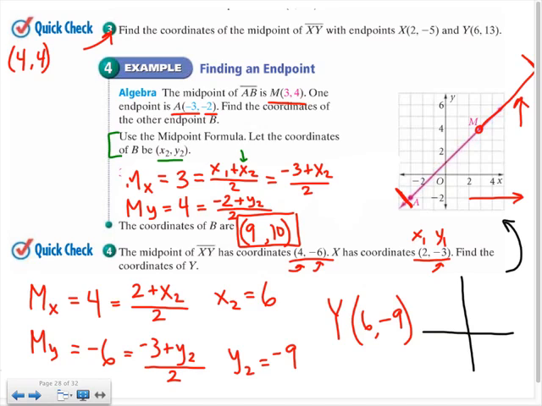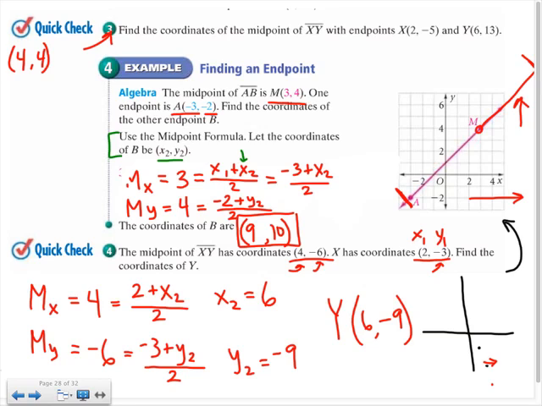I'll start by plotting point X that sits at 2, -3. That's around that area. The midpoint is at 4, -6, which is right around here. And so I know that the second point should be right around here, which means I'll have to move over a little bit farther to the right than I was from the midpoint, and I did.